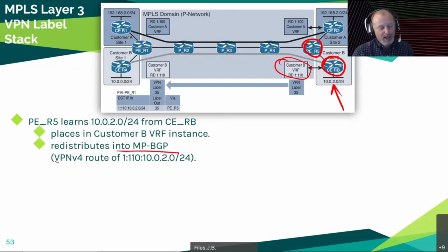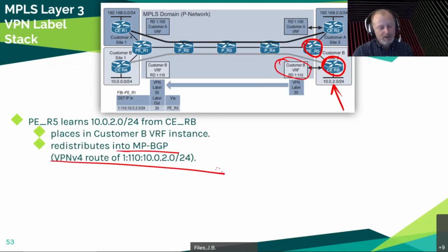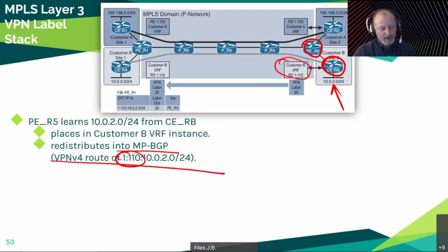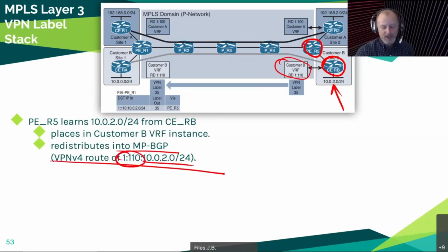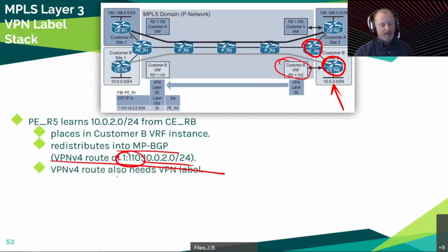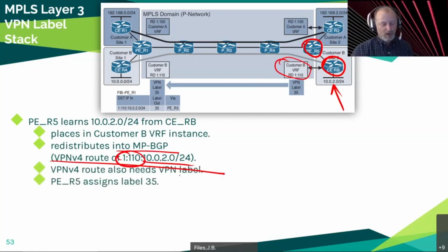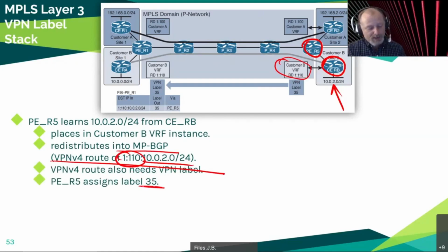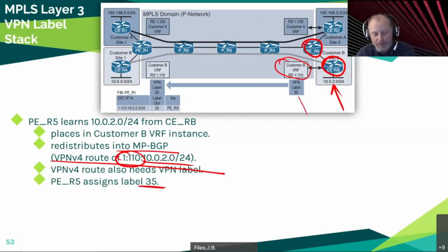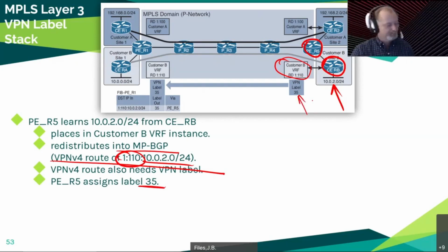And we have a VPN v4 route of 1:10, 10.0.0.2, which also needs its own label. So for MPLS purposes, that's going to get label 35.